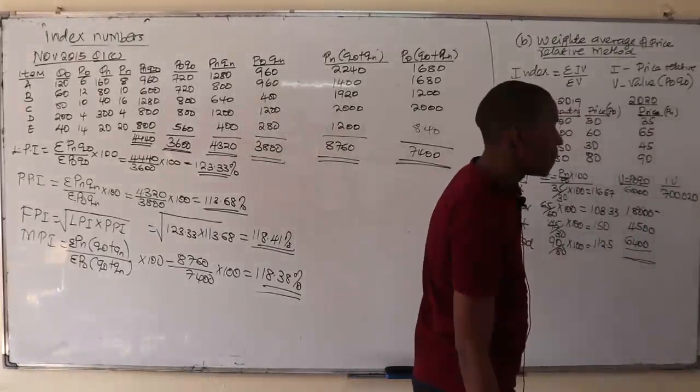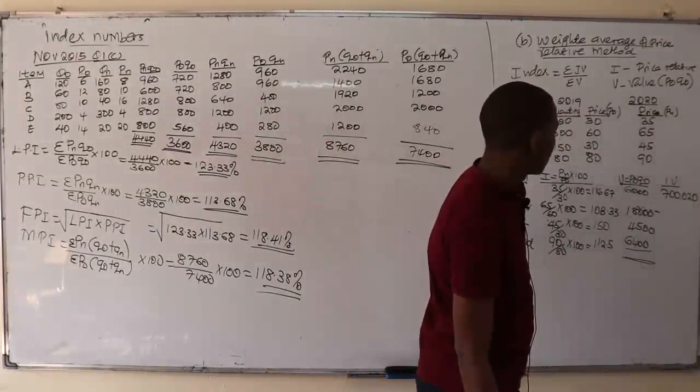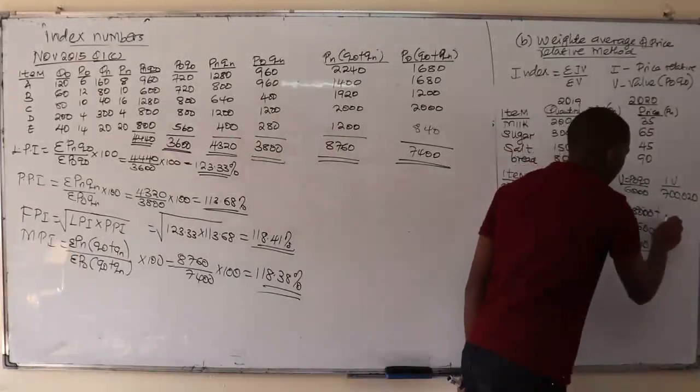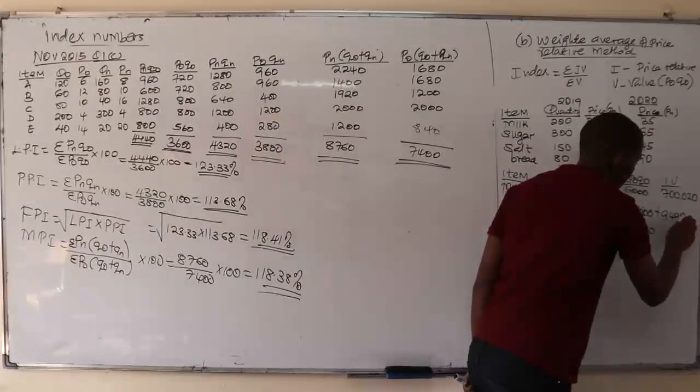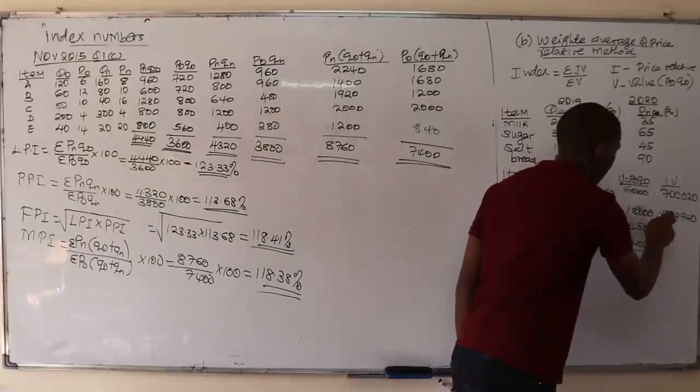The second one, 108.33, gives 1,949,940.